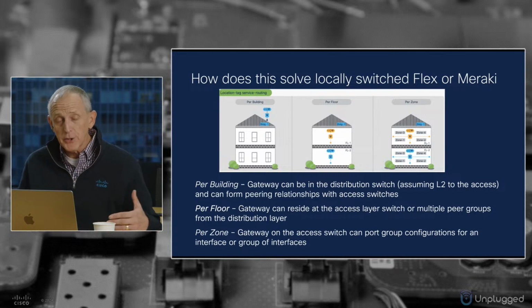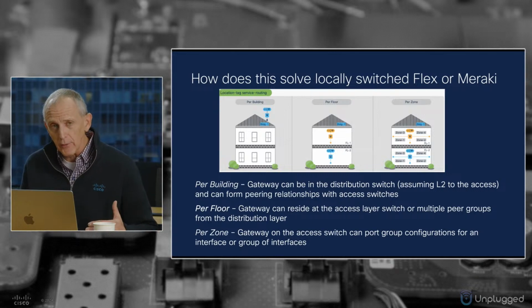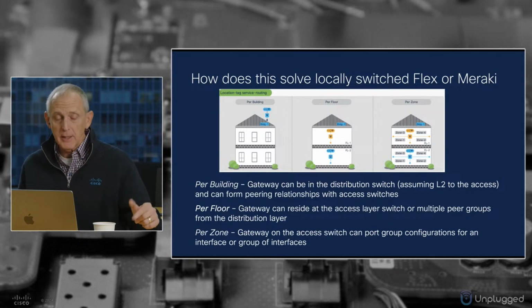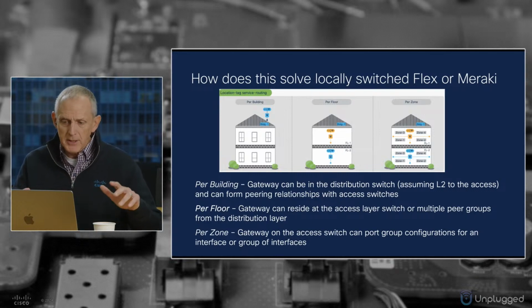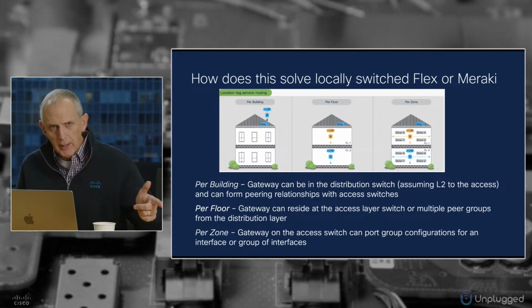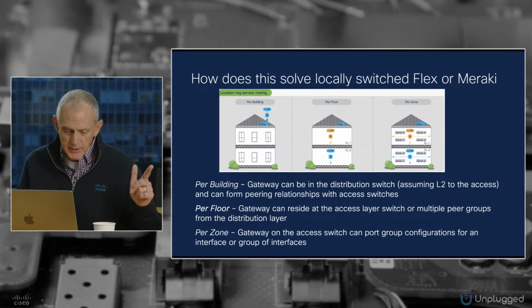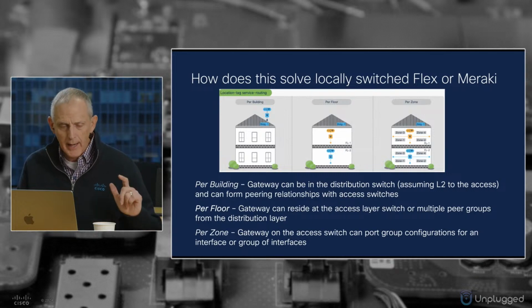And then there's the per zone. This is where it gets really interesting, because we can take this down to the actual switch port level. I'll give the example, again with the locally switched access point. That access point is plugged into a particular switch port, so traffic is being dumped locally into that switch port.